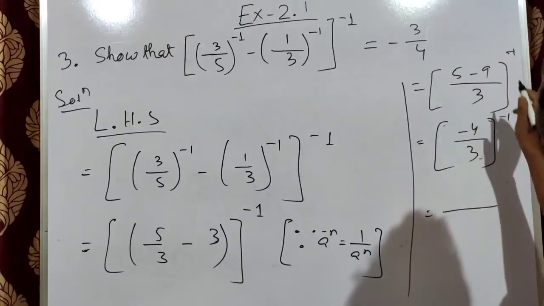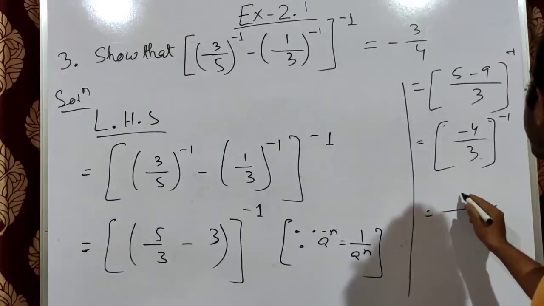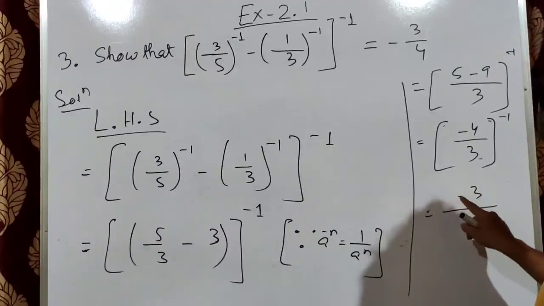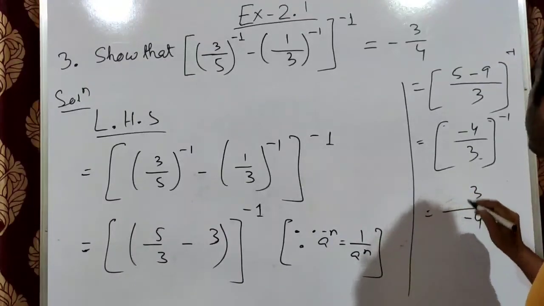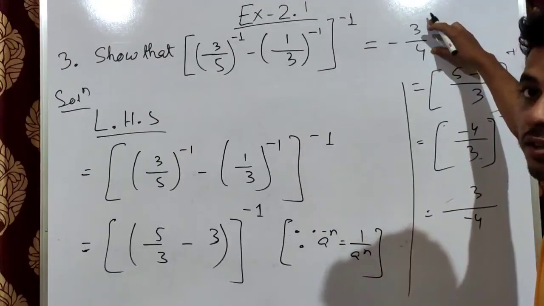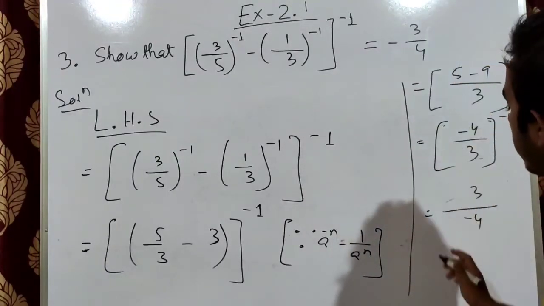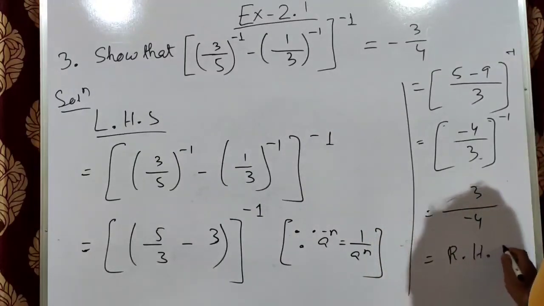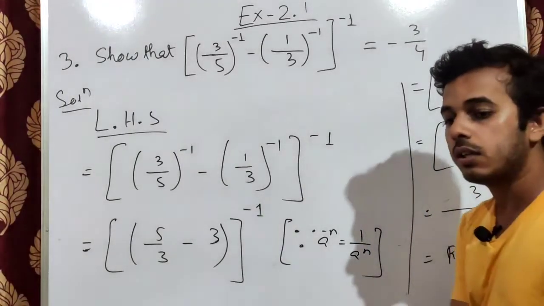So our next line will be 3/-4. Look here, RHS is also 3/-4, so we write equals RHS. Clear? Okay.